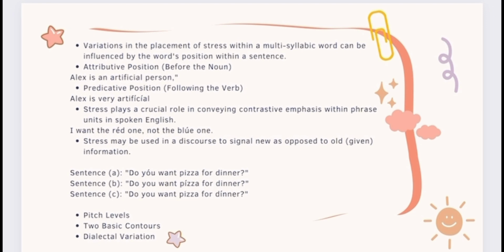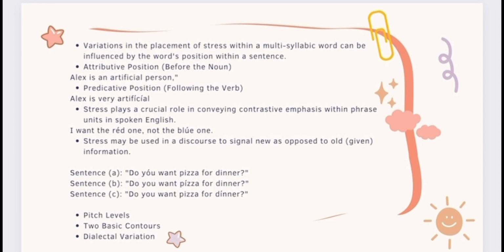Variation in the placement of stress within a multisyllabic word can be influenced by the word's position within a sentence. Attributive position, before a noun. For example, Alex is an artificial person. The emphasis is on person, which is the last significant part of speech.